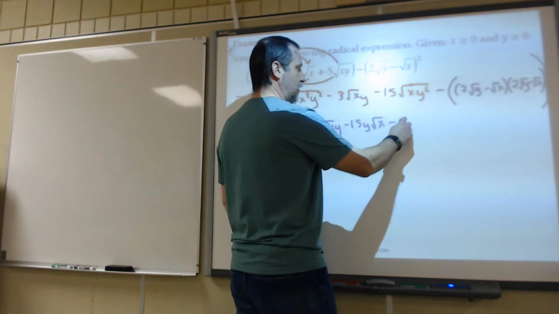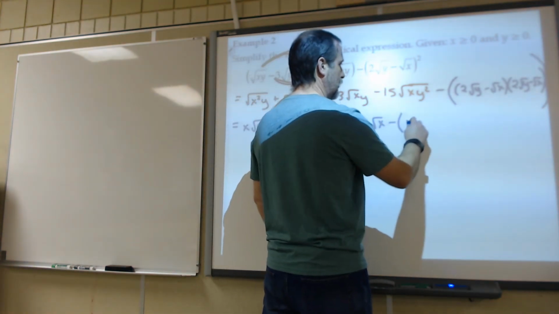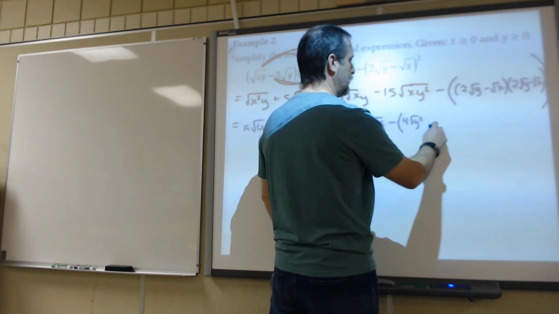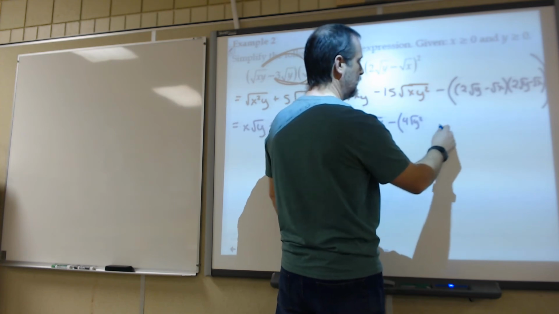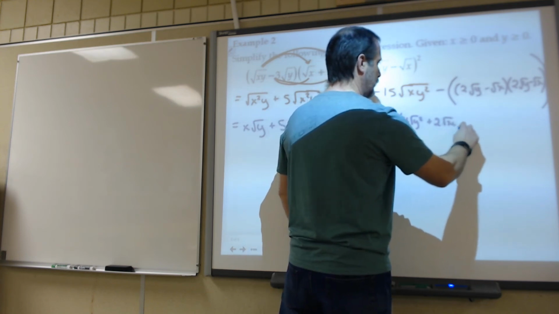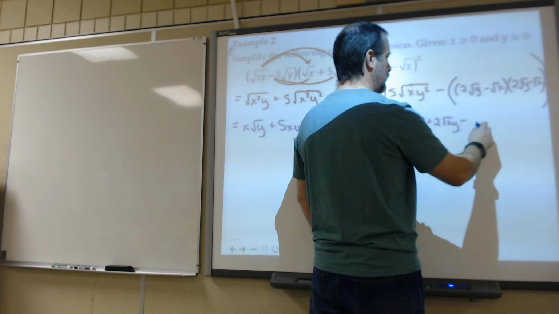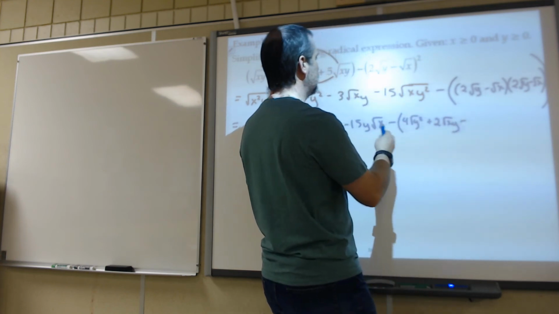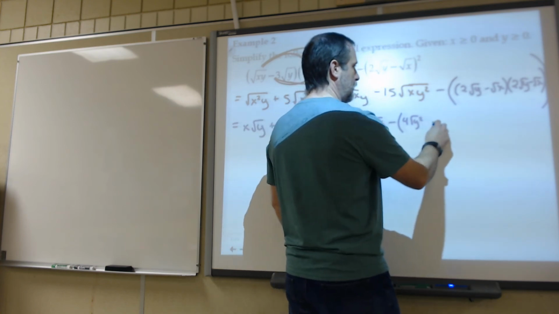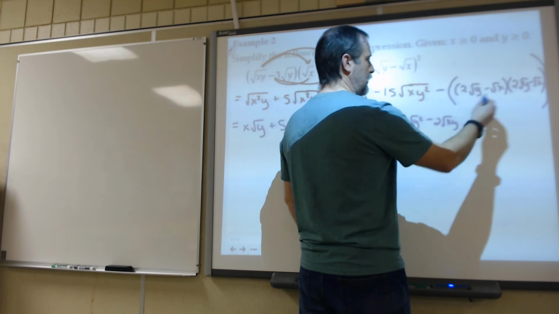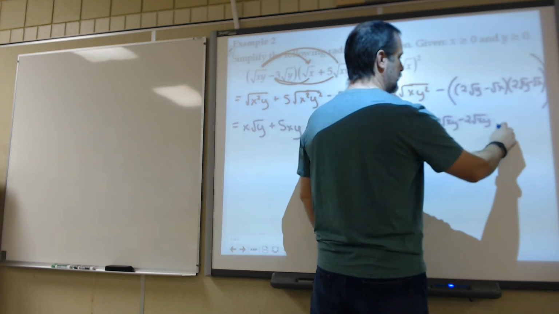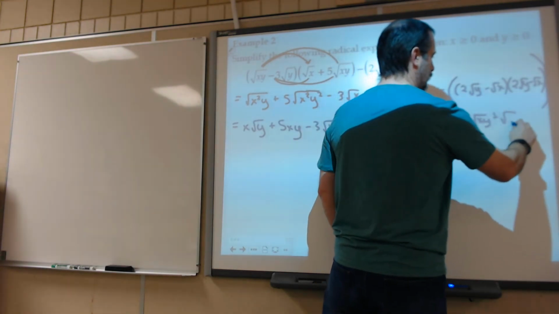So this next part here, 2 root y times 2 root y is going to be 4y, 2 root y times minus root x, minus 2 root xy. See, that's why I'm trying to do this too fast, and I forgot this is a negative. Okay. Minus 2 root xy, again minus 2 root xy, and negative root x times negative root x, so plus x squared.